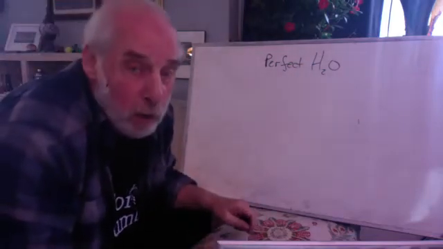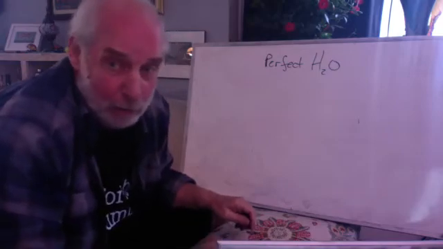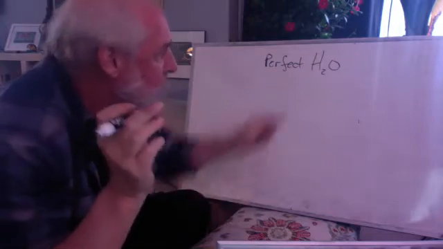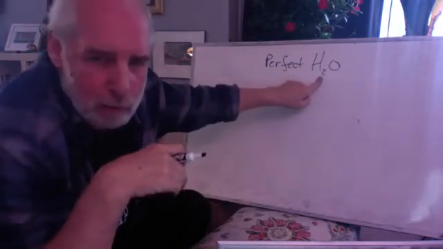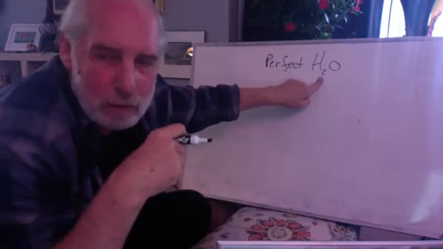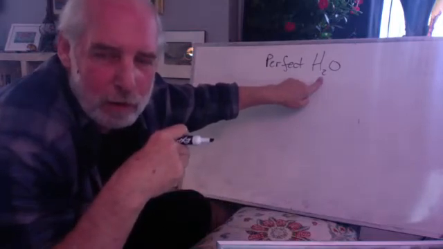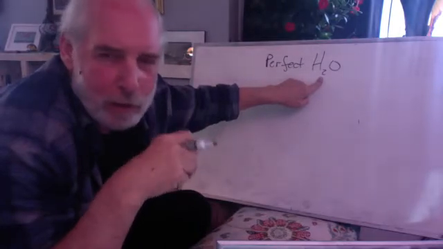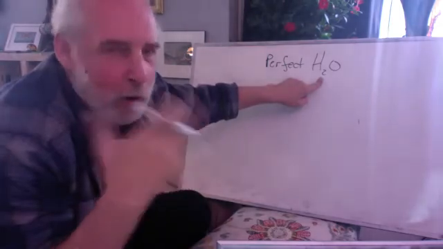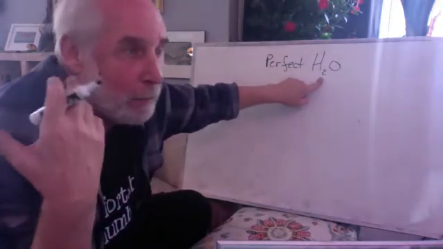And by pure water, I mean exactly pure water. The only thing in this container is H2O. Is it possible to ever have a container of pure water? Can you ever have a container of exactly pure water? No, you can't.